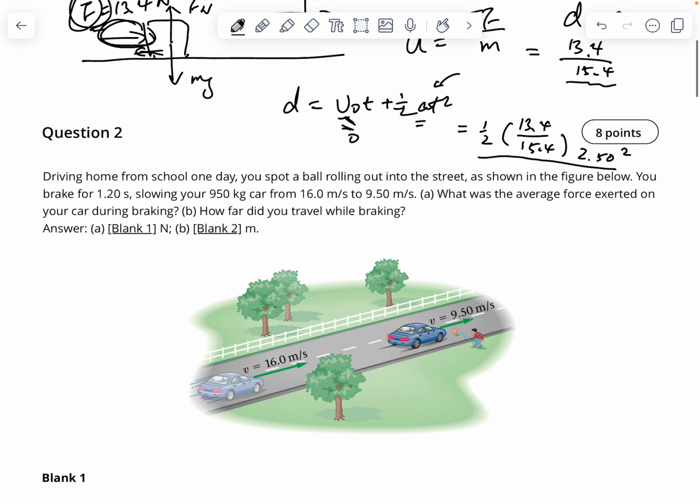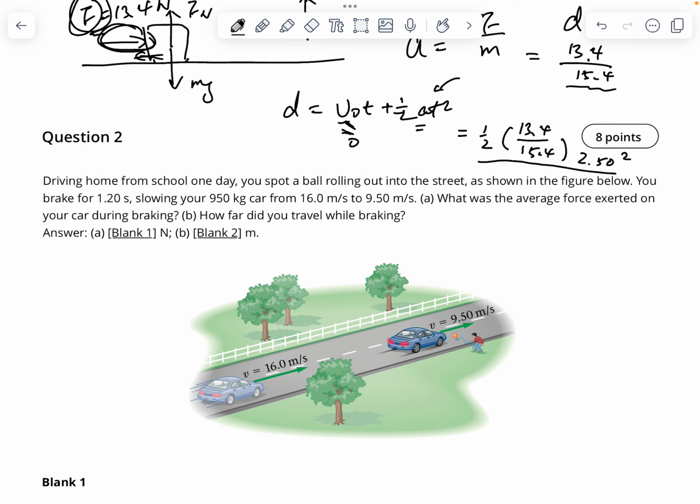All right. Second one. Driving home from school one day, you spot a ball rolling out into the street. Okay, so you see you drive and then there's a ball rolling on the street. You brake for 1.2 seconds, right? So t equal to 1.2 seconds. All right.